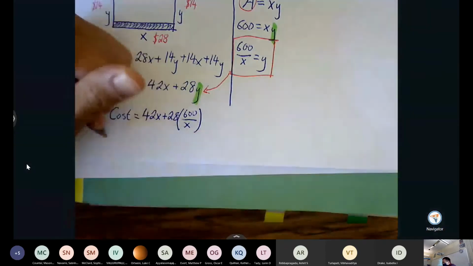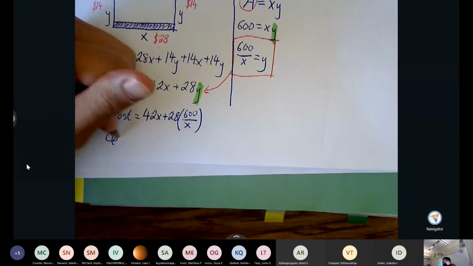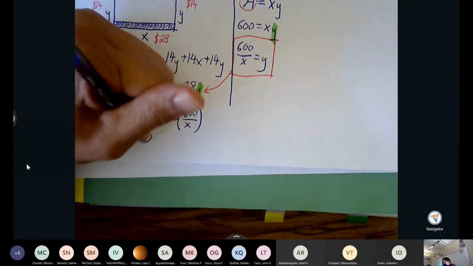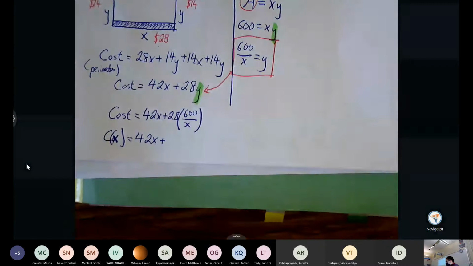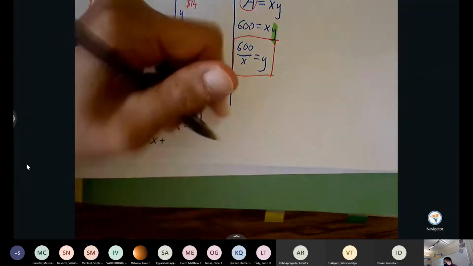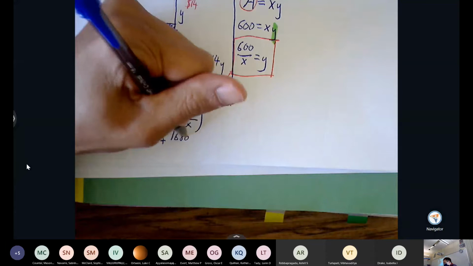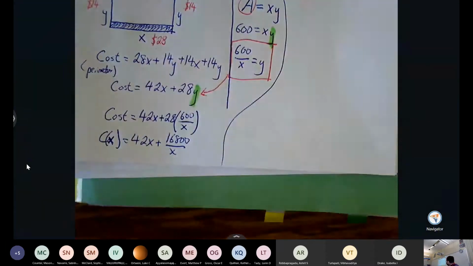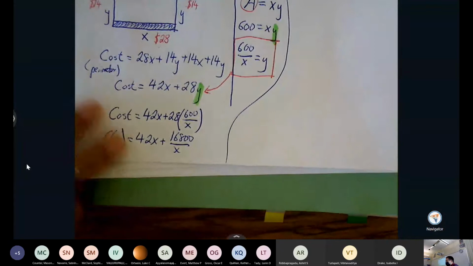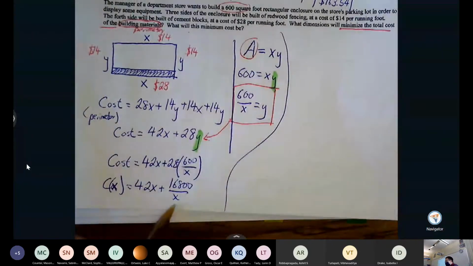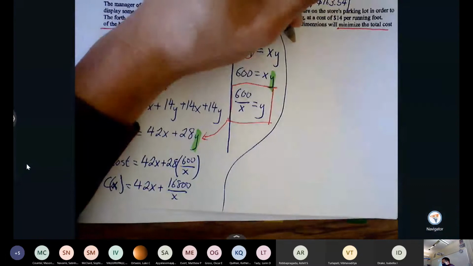So multiply that out, I get 16,800. A little bit more cleanup on this fraction there.